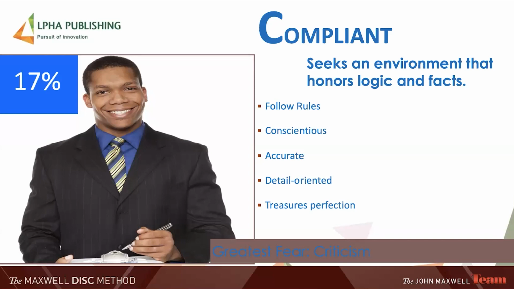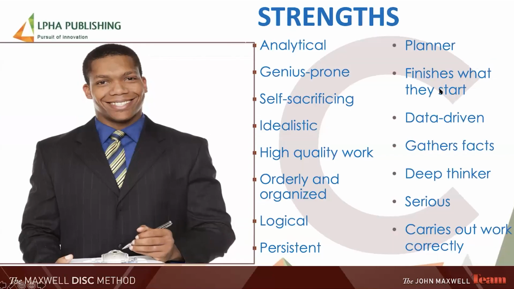And so for the compliant teacher and student, they have some big strengths, but they also have some obstacles. Let's look at the strengths. Now you guys are starting to see your different personality styles. Which one of these strengths do you think is great for an elementary school teacher who is a C?